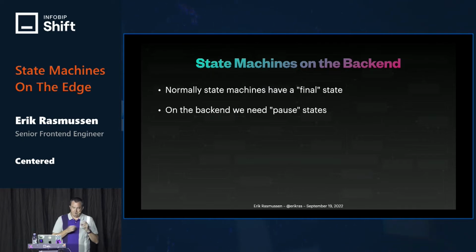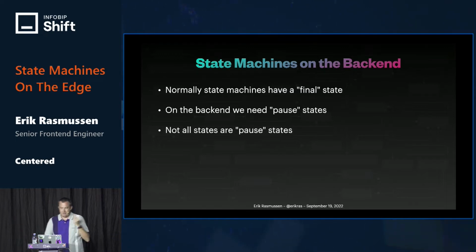These are states where when we get to this state, we need to stop and flush all of our content back down to the client so that we can update the UI. And not all states are pause states, because maybe you get to a state and you need to be fetching something and you need to wait there in that state until the data comes back, and then you transition to another state. And then that state can be a pause state that sends the data back to the user.